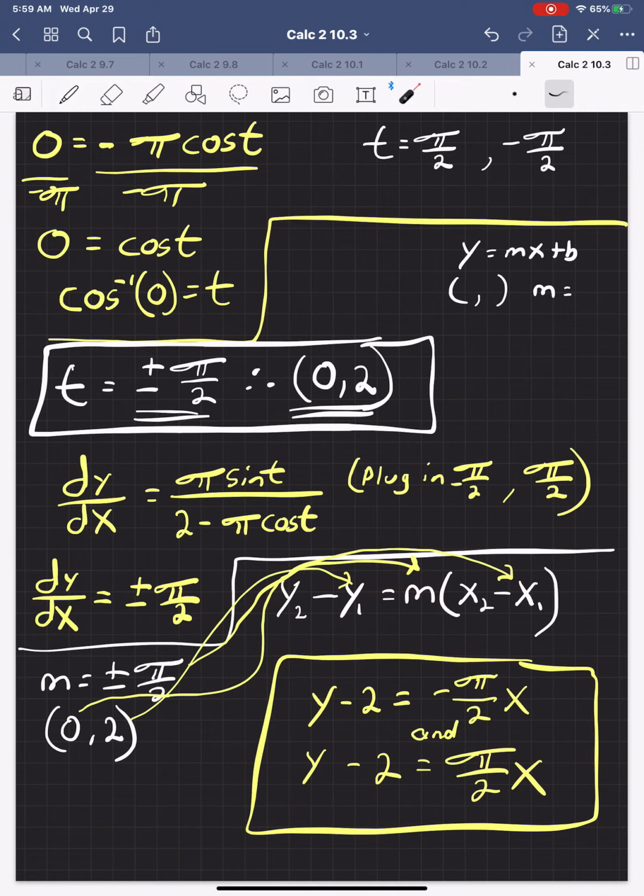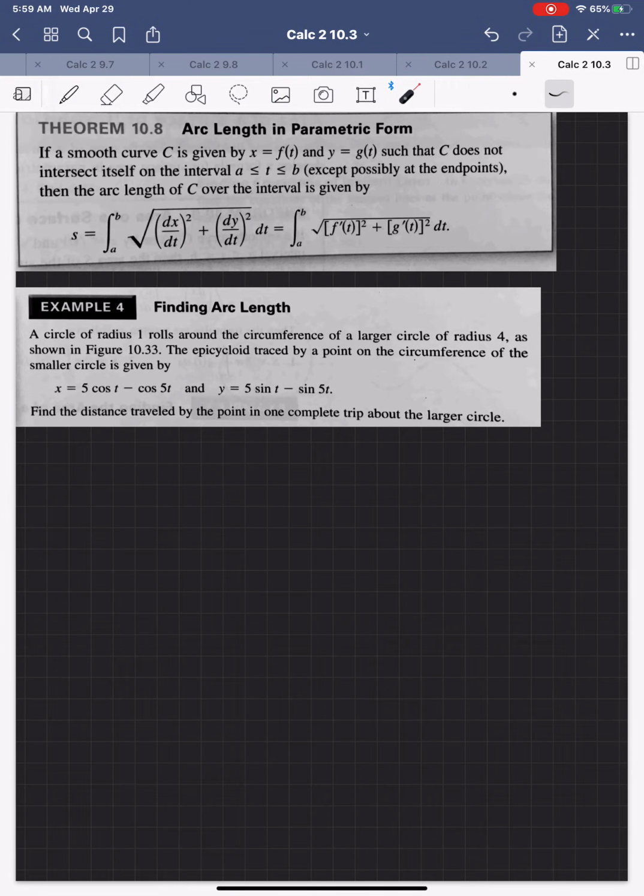All right, so for this last one, I've taken a picture of the majority of the work, because I'm just introducing an arc length formula. This is an arc length formula if you want to stay in parametric form.